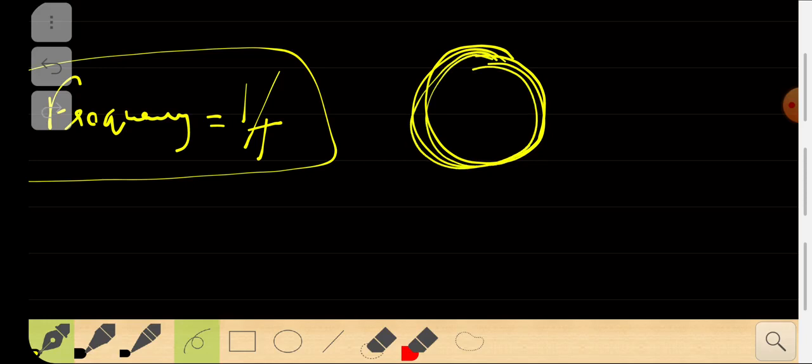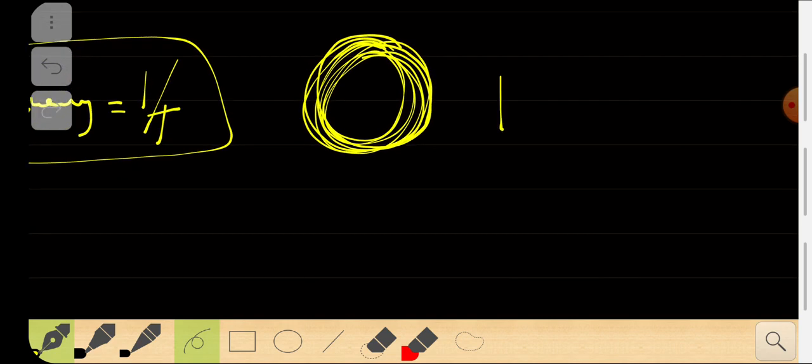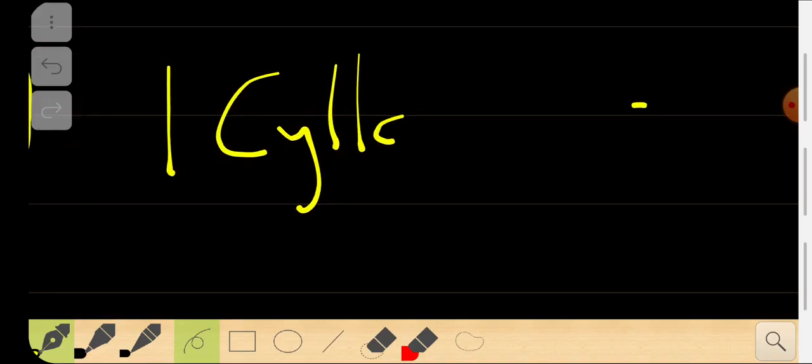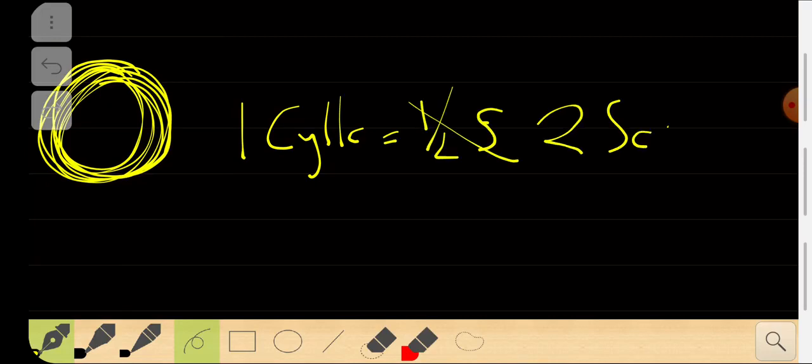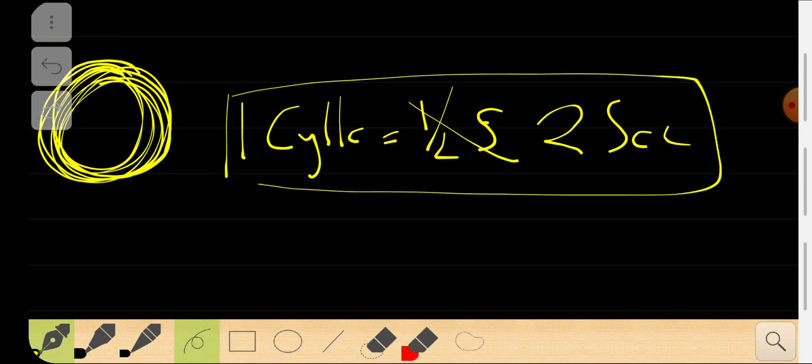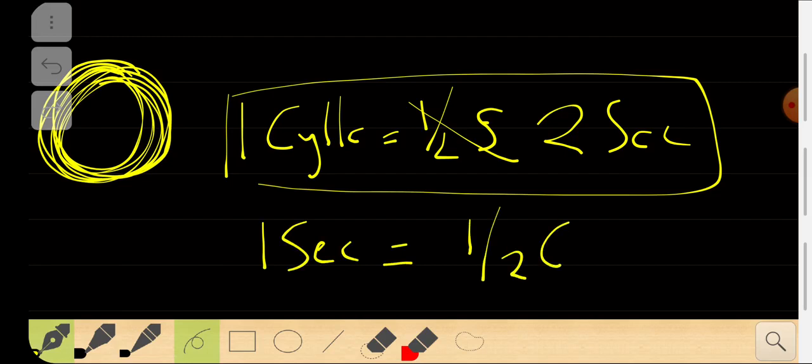If it's one cycle in 2 seconds, then what will be the frequency? In 1 second it will be half a cycle, because it was one cycle in 2 seconds.